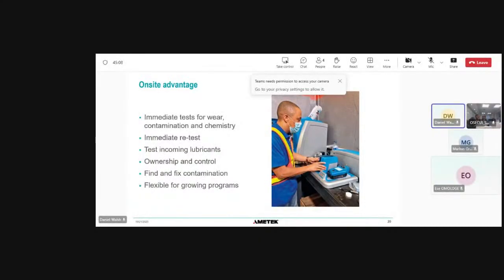And they didn't do anything new, they just did what they were already doing. They had an on-site lab, they were testing, everybody was following it, but with this information, they were able to extract $300,000 more in value by not doing unnecessary work that was traditionally required of them on a preventive maintenance schedule.